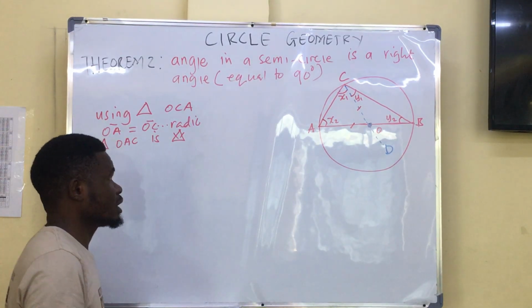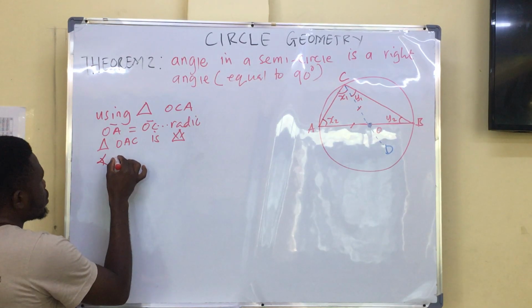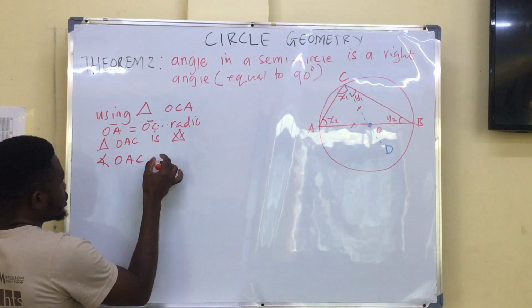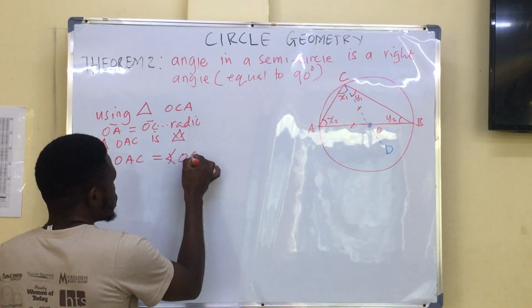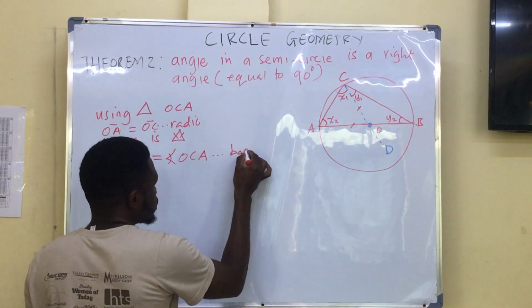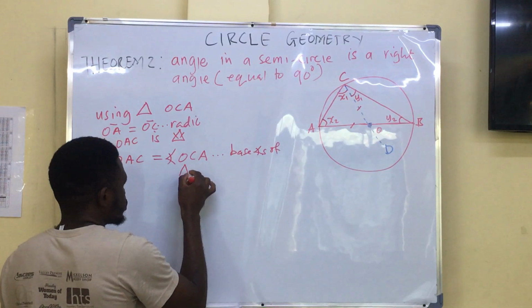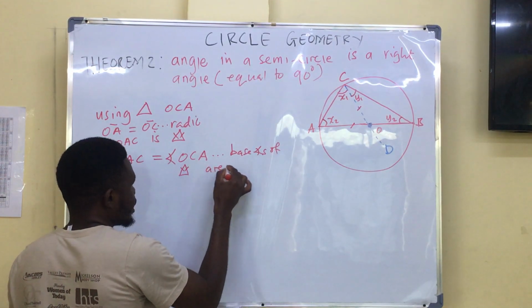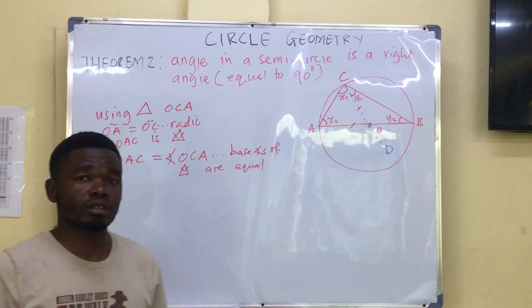Fine. And we know that angle OAC is supposed to be equal to angle what? Angle OCA. Reason: base angles of an isosceles triangle are equal.